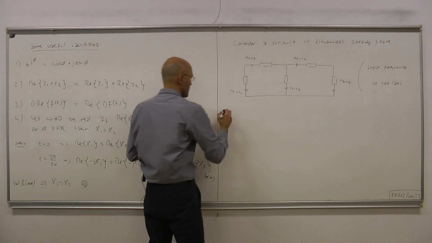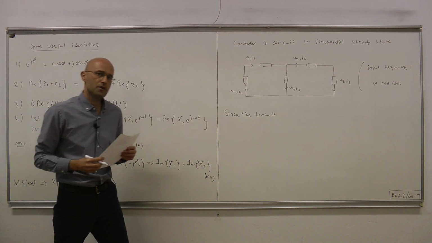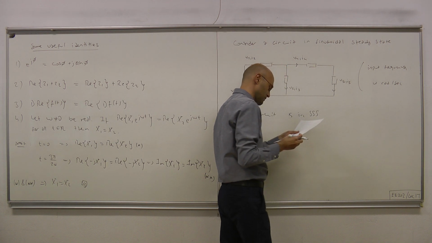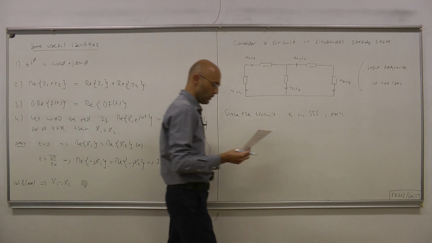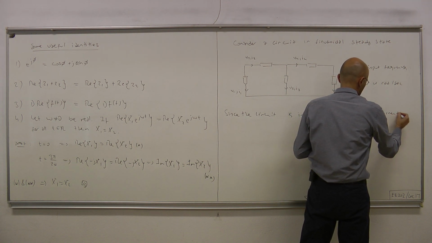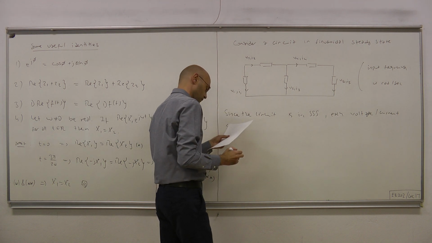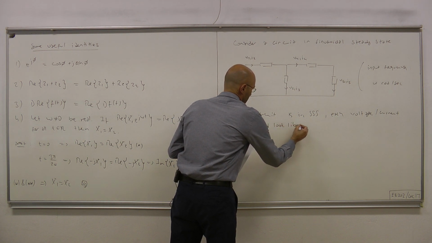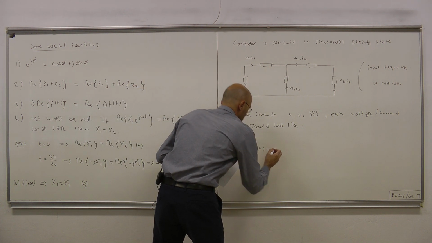Now, since the circuit is in sinusoidal steady state, any variable, namely each voltage or current throughout the circuit, should have the form xk(t).